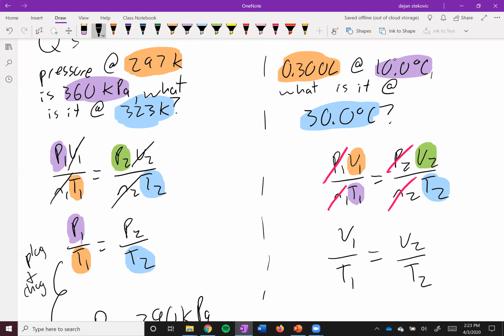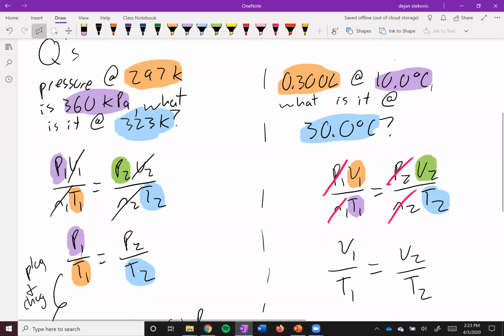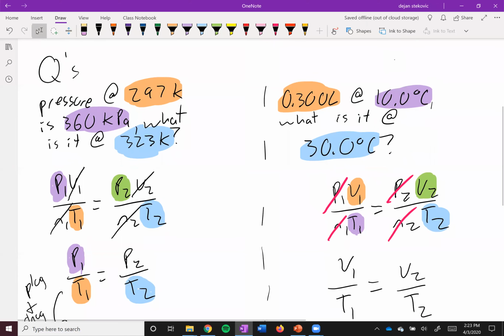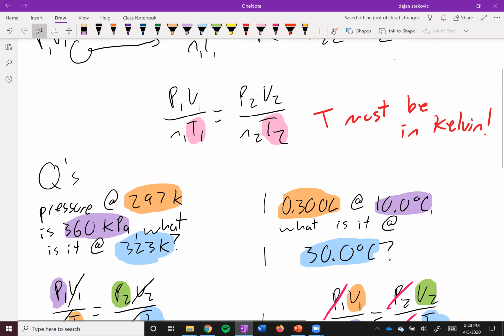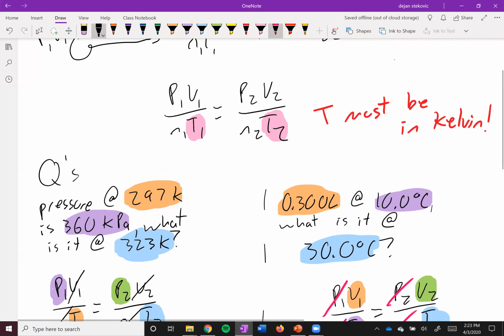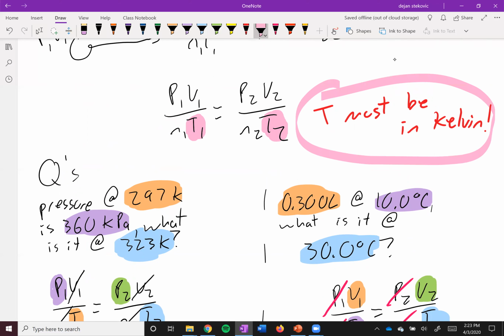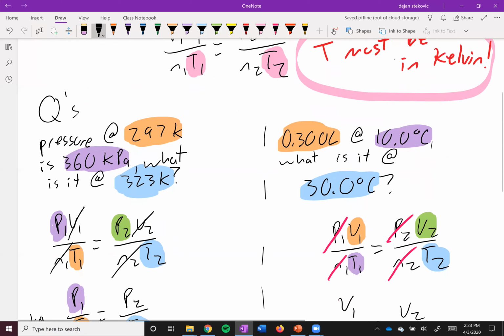And now, can we just straight plug and chug? The answer is no, right? Volume and pressure, they're allowed to be whatever units they want to be. But in order for this equation to work, temperature must be in Kelvin. So we've got to change these to Kelvin. We're going to add the 273.15. So this will end up being 283.15 Kelvin.